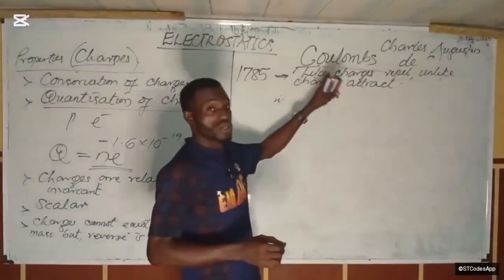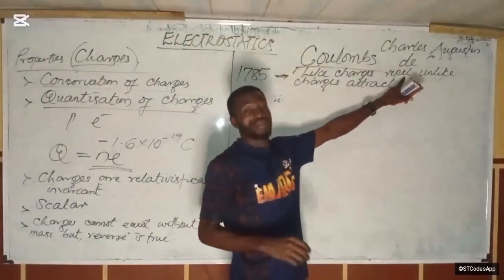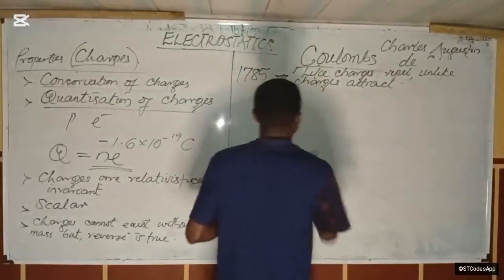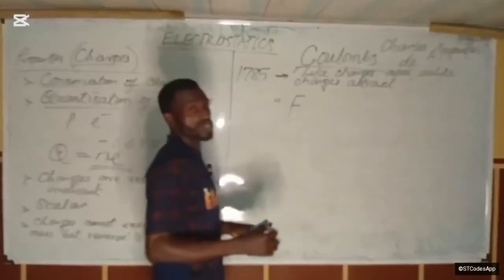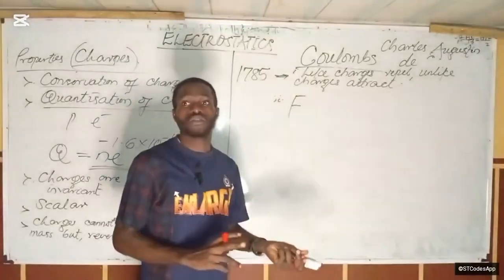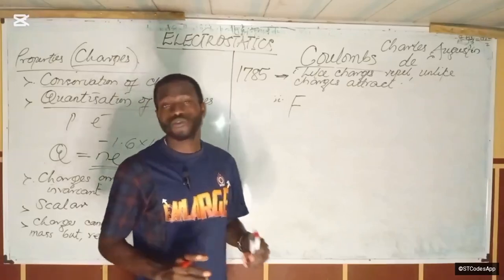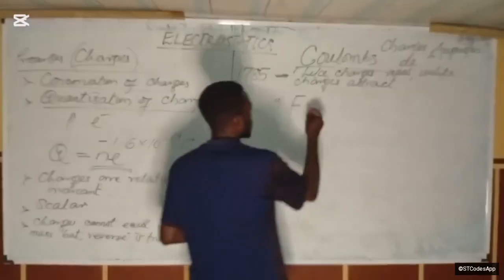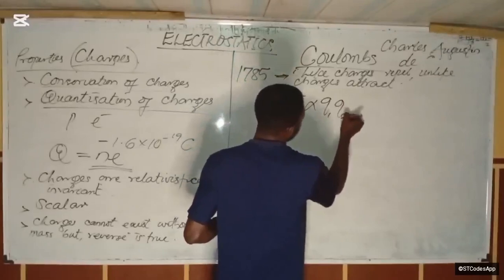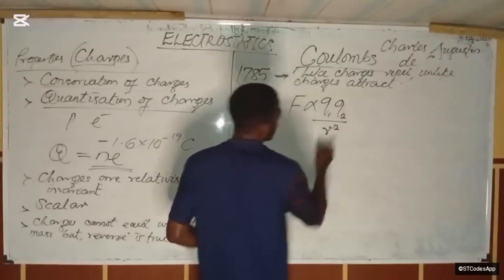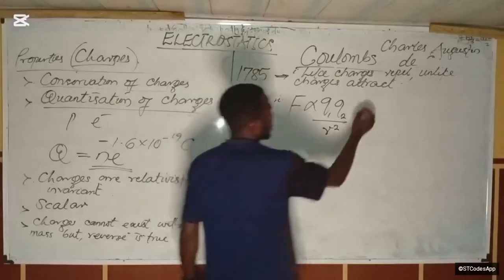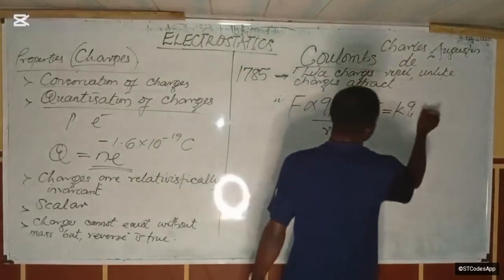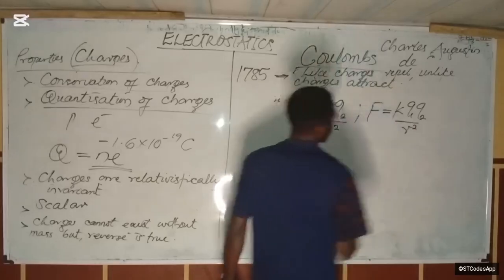It says that the force between two charges, name them Q1 and Q2, is directly proportional to the product of the charges, but inversely proportional to the square of the distance between them. So by introducing my equality sign, we have F equal to K Q1 Q2 over R squared.